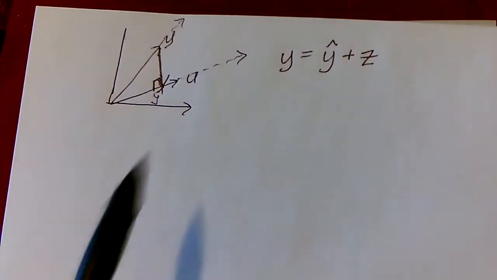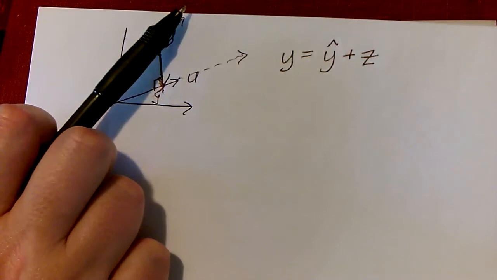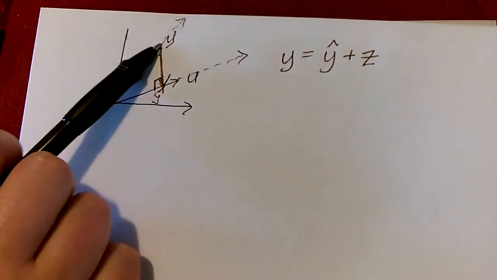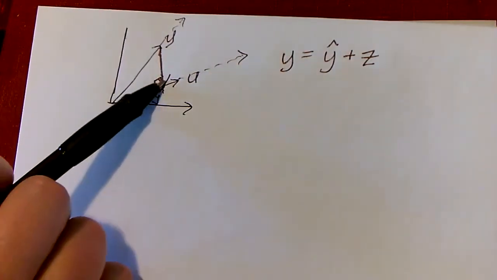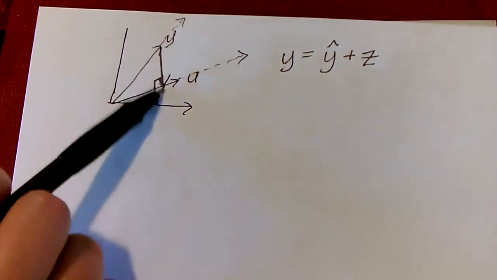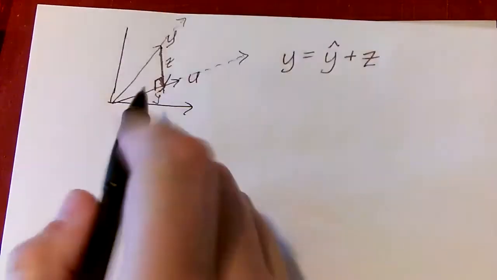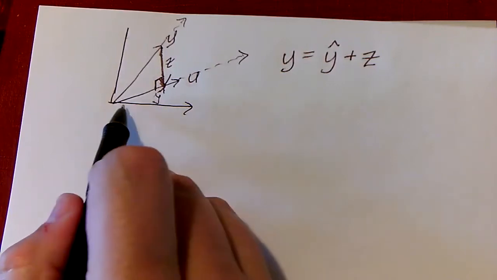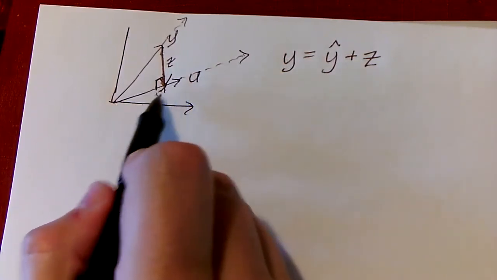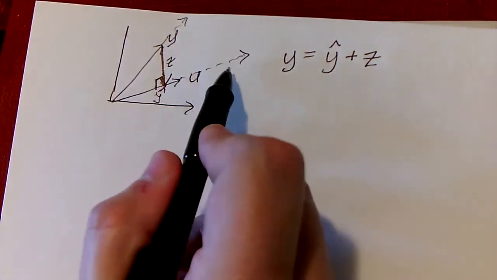Think of the shadow this vector casts on this line. This shadow shoots straight down here and makes a right angle. So this vector is z going across here, and y hat is going to lie on that same line as u.